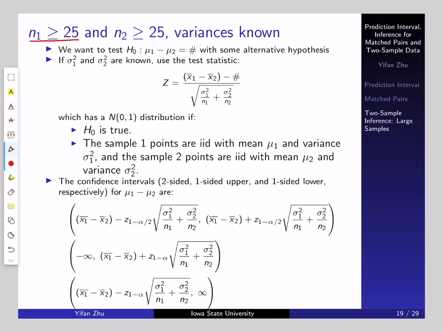In the large sample case, when n1 and n2 are both greater than 25, then we will test this H0: the difference of these two means, mu1 minus mu2, is equal to a number, against some alternative hypothesis.